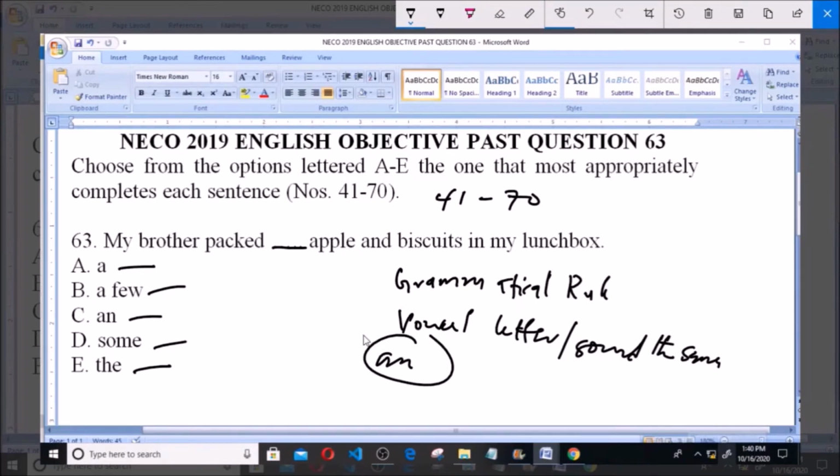So it is wrong to say "a apple". It is wrong to say "the apple", although it depends on the situation.